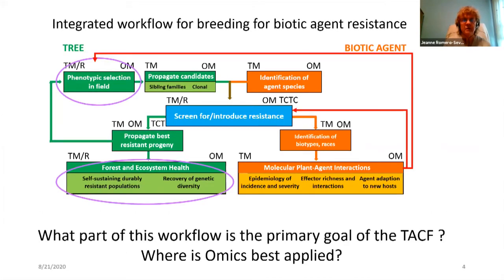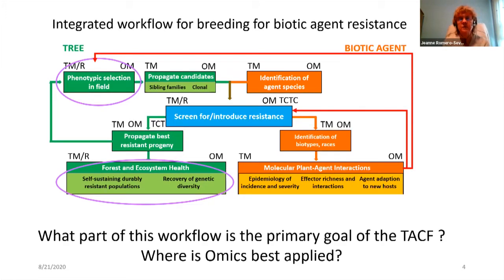Okay, so what part of this workflow is relevant for the TACF? Well, the goal of TACF is self-sustaining, durably resistant populations with sufficient recovery of genetic diversity to ensure that the restored chestnuts are going to be here 200 years from now, when none of us will be here to see it.